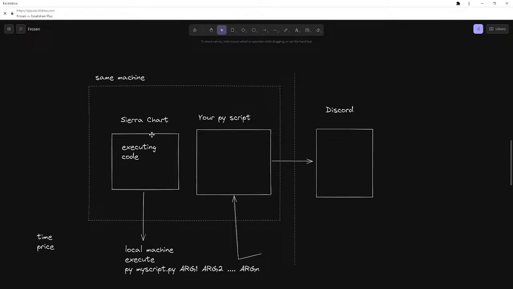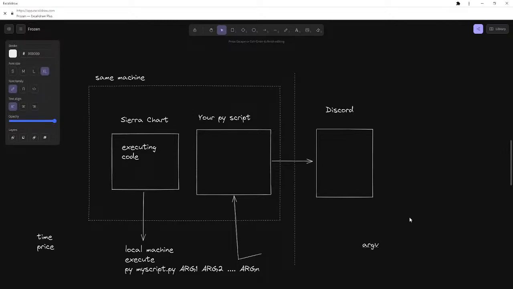Typically in most languages it's like argv or argc, what are your command line args? So you should be able to get a list of command line arguments from Python at the top of your script of whatever was passed in.